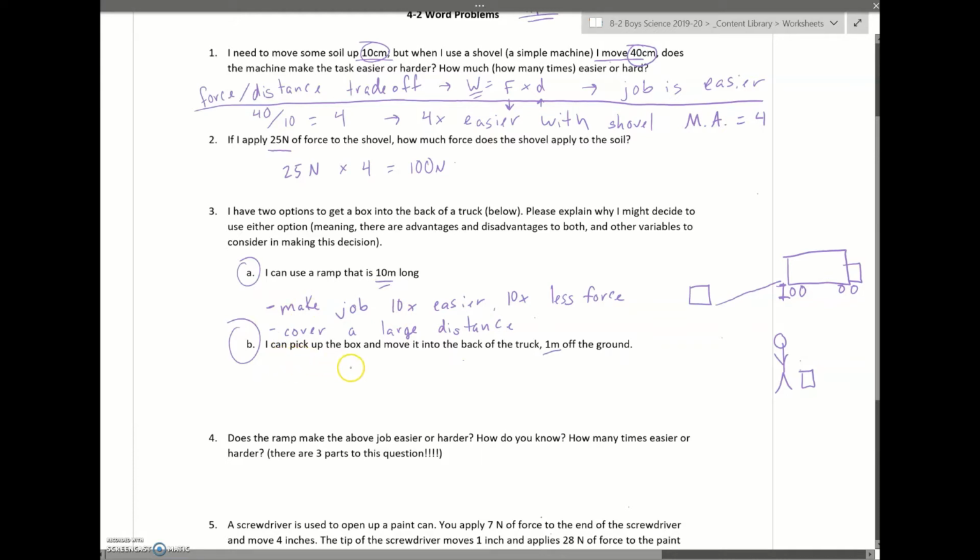But if it's really heavy, you might not be able to pick it straight up. Maybe you need to push it up that really 10-meter long ramp. So, option B, to pick up the box and move it 1 meter, it makes the job harder.